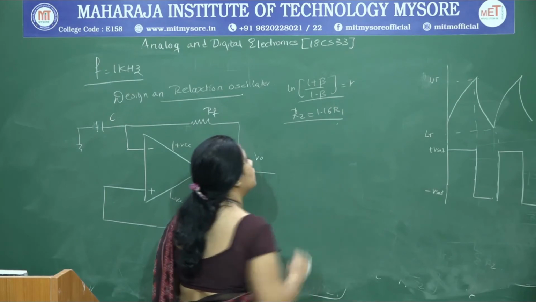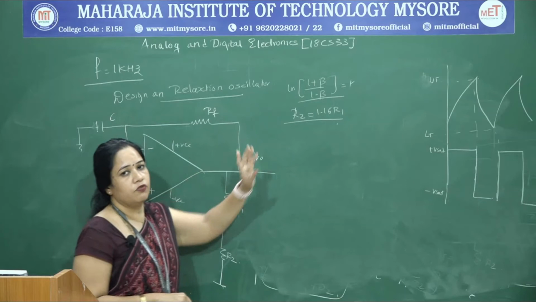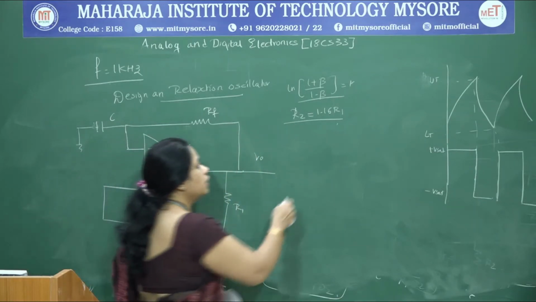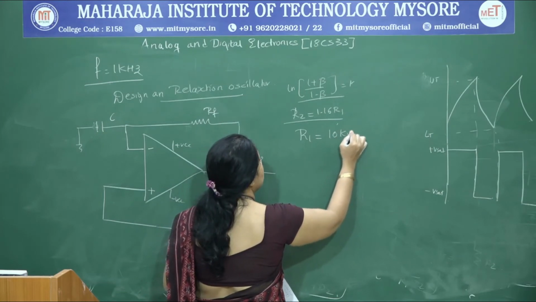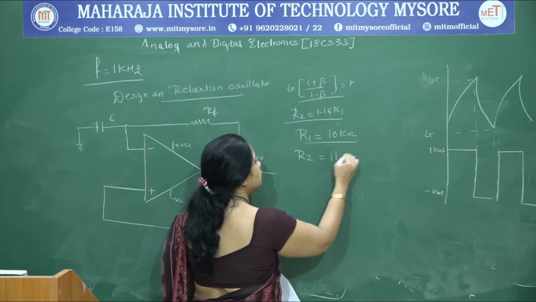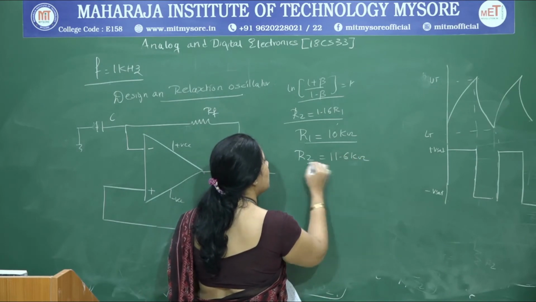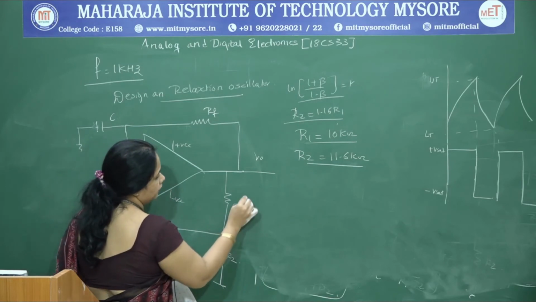If you choose R2 as 1.16 times R1, this ratio tends to become 1, simplifying the design. So, I take R1 equals 10 kilo ohm. The corresponding value of R2 becomes 11.6 kilo ohms. So, we are done with designing the resistances in the feedback circuit.